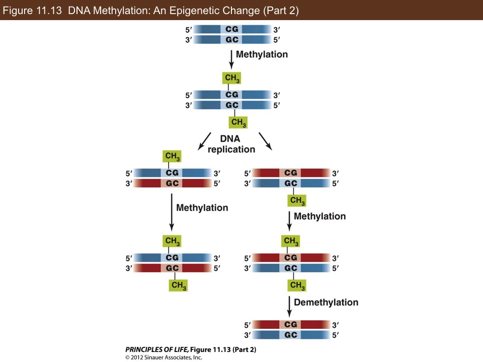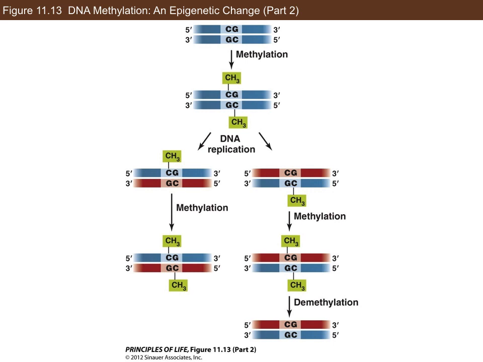So that's what you're seeing in this figure here. You start off with double-stranded DNA at the top. Okay, the original strands are in blue. That DNA gets methylated by a methylase enzyme. When that template is used in order to do replication, the template strands, the original ones in blue, are methylated, but the complement strands are not.